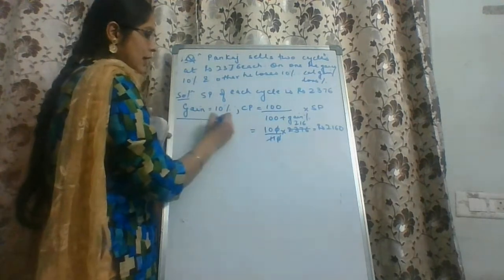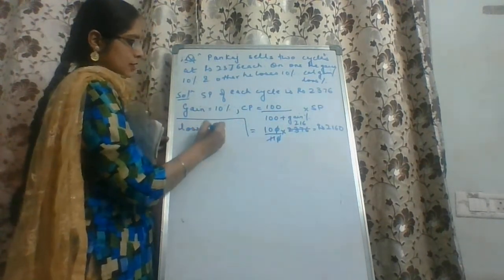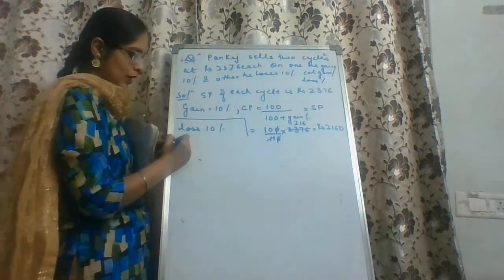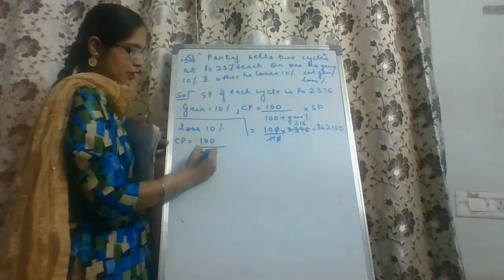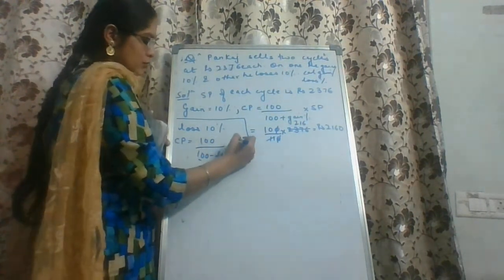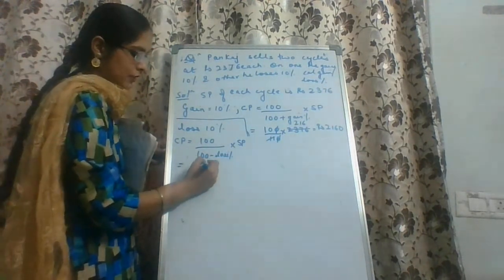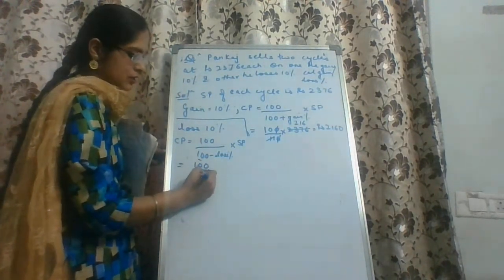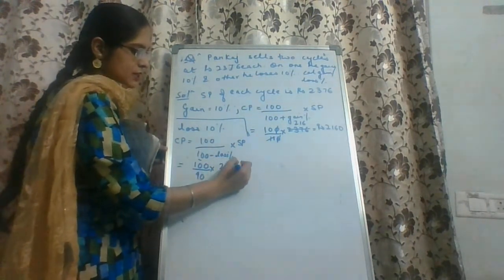Now, in case of loss, when loss is 10%, the formula of cost price changes to 100 upon 100 minus loss percent multiplied by selling price. This is equal to 100 upon 90 multiplied by 2376.